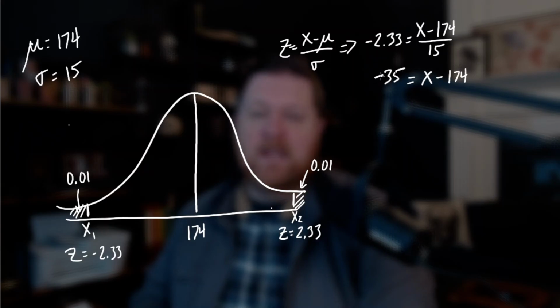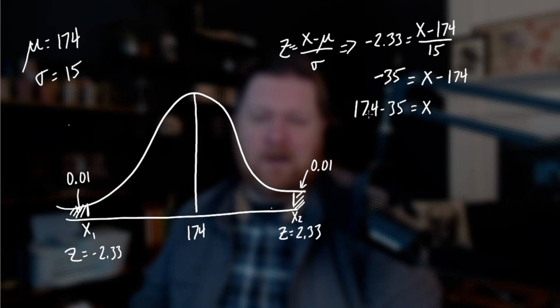So negative 35 plus 174 is equivalent to 174 minus 35, right? Which is going to be what? Okay, so I'm going to write that out. 174 minus 35 is equal to x. I'm going to walk through how I do this mental math.